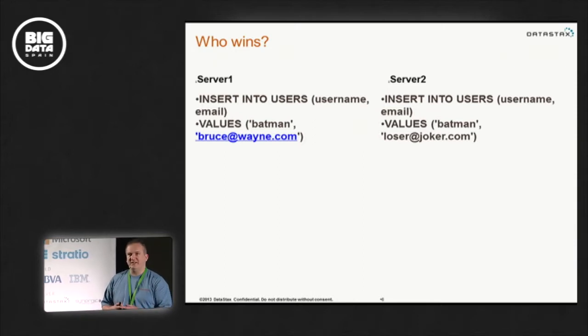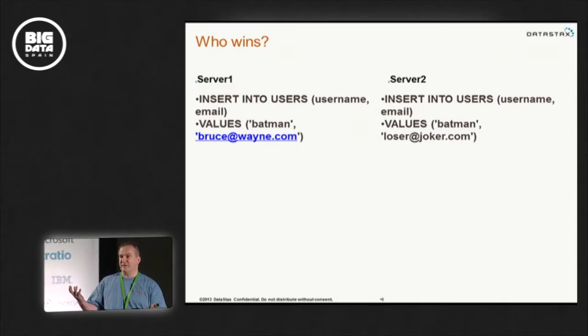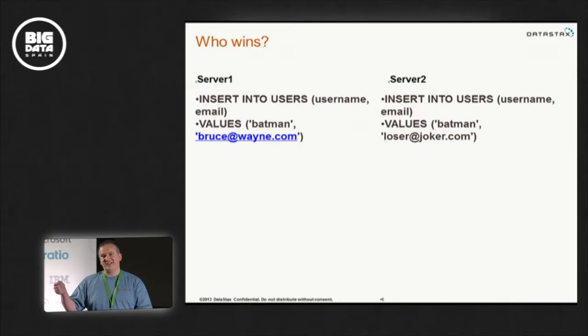A common problem for this use case is: I have 2 different servers, and 2 different users coming in. I've got a website, and I want to give myself a username. How do I ensure that the username I've got isn't taken by someone else while I'm committing my data?